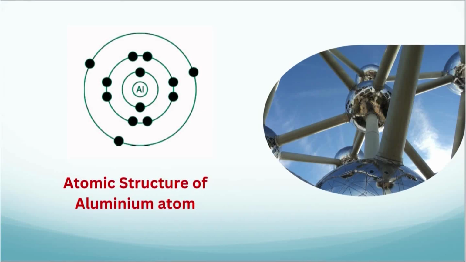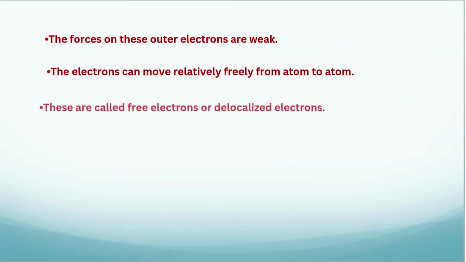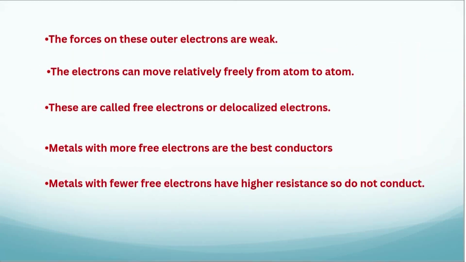The electrons are bound to the nucleus. In metals, since the outer electrons orbit further from the nucleus, the forces binding them are weaker. The forces on these outer electrons are weak, and thus the electrons can move relatively freely from atom to atom. These are called free electrons or delocalized electrons.